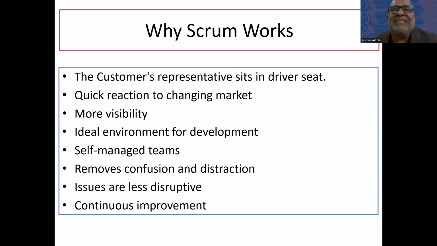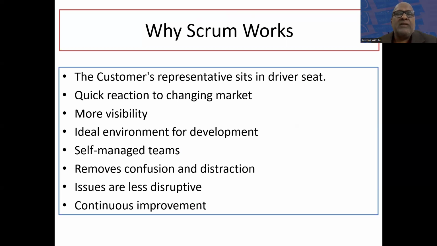So why does Scrum work? The customer's representative, the product owner, sits in the driver's seat and monitors how the Scrum team is building and whether they have any issues. He keeps on making quality checks. That's why hardly any issues arise, and there's scope to fix them at an early stage itself.